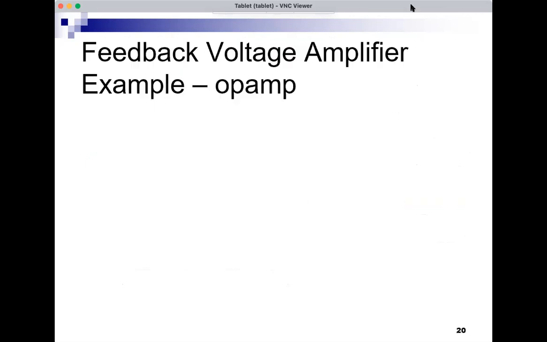Okay, so this was an overview of the effect of feedback on all these types of amplifiers.